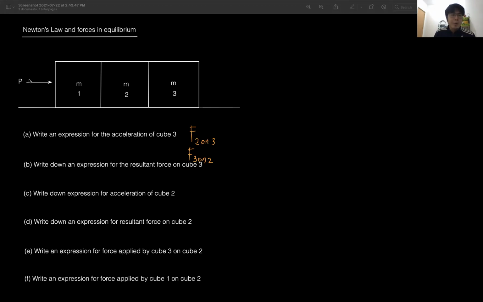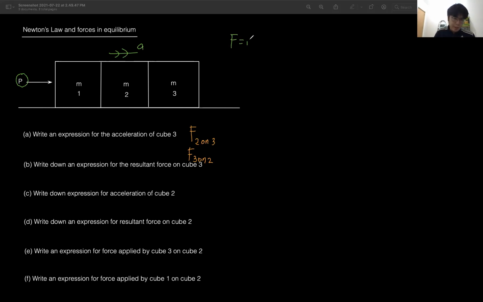Let's say you apply a force of P acting on all these objects, and it will give them an acceleration. This is not an equilibrium system, it is an unbalanced system, so there is acceleration. Let's say we have an acceleration a in the same direction as the net force. First, we derive the acceleration expression.